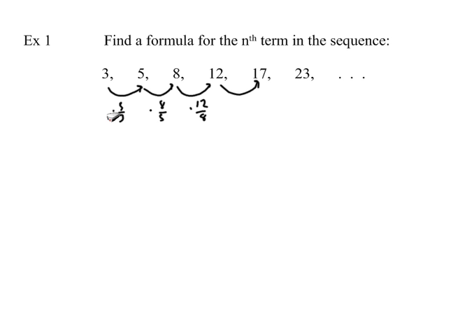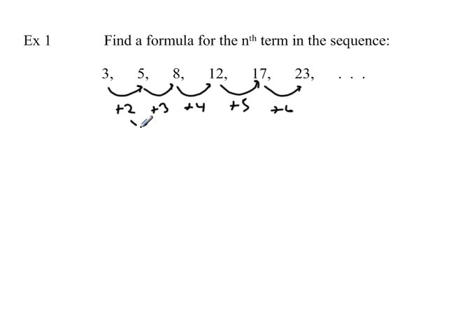So this is not an arithmetic sequence. It is not a geometric sequence. Different kind of sequence here. Now, you might have noticed that when I checked whether it was arithmetic, we did see a pattern. We're just adding the next progressive integer.